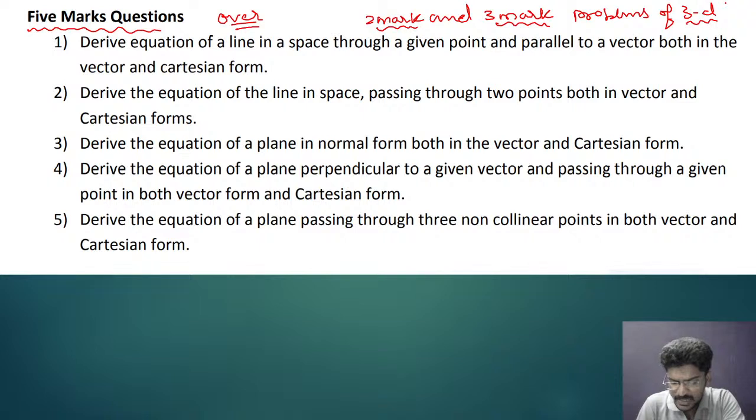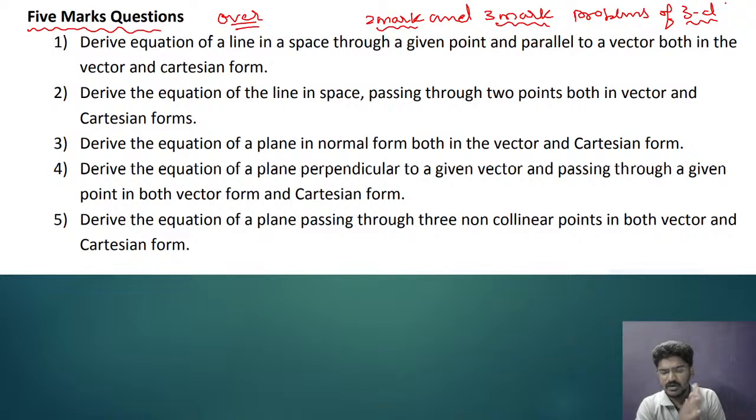So what is the better time to put the class? Evening is good or morning is good? Quickly tell me. So 2 mark and 3 mark important problems I am going to discuss from tomorrow in 3-dimensional geometry. That will be very important for your board exams.